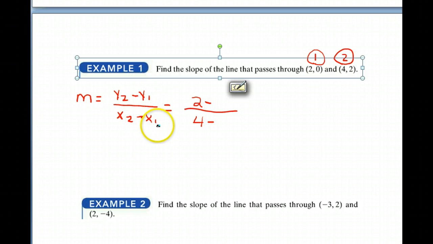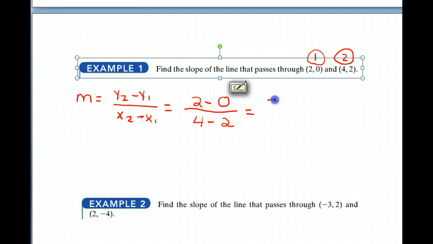That way I don't forget about them. And then I'm going to plug in the x and y coordinate from ordered pair 1. So x is 2 and y is 0. I have now successfully filled in the formula.